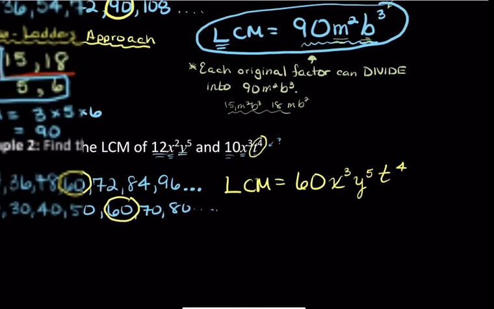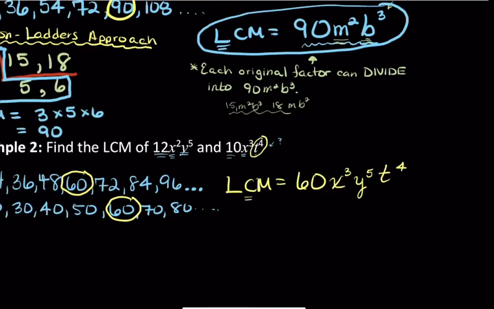I know that the C in LCM stands for common, and it may seem like, well, t is not common. There's no t in the other term. And if you use your imagination, there is. It's t to the 0. This kind of goes against all of our basic math instincts.